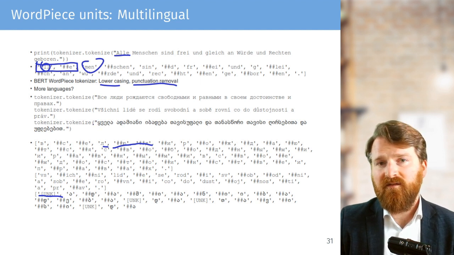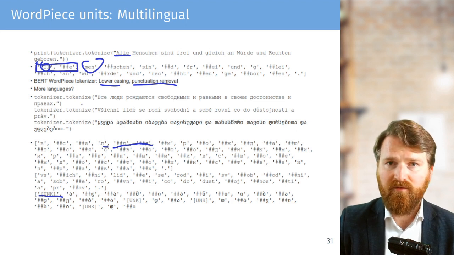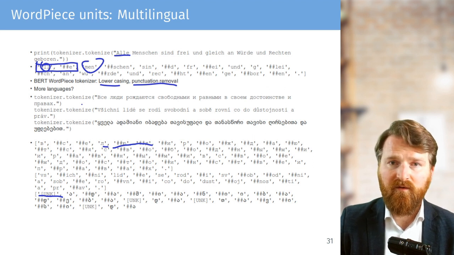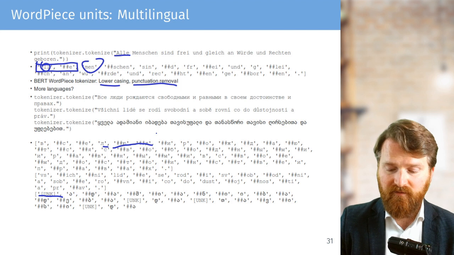So it represents some prior probabilities of these things in the training corpus, or actually on which data sets the word piece units were trained. So even with word piece units, there could be alphabets that are just not covered in this particular instance of trained word piece units.